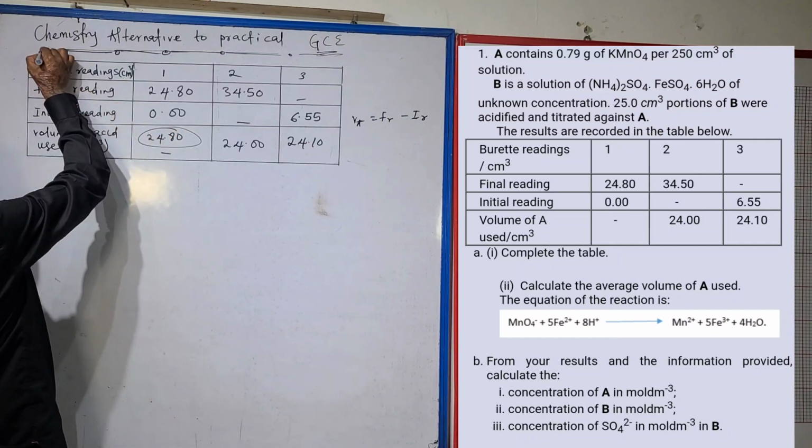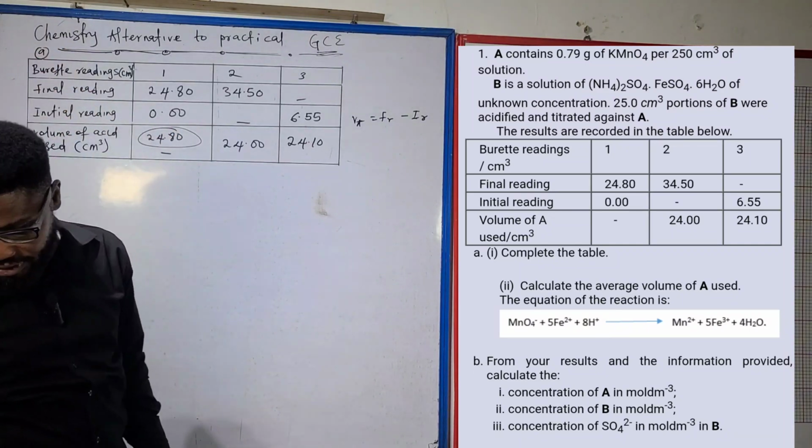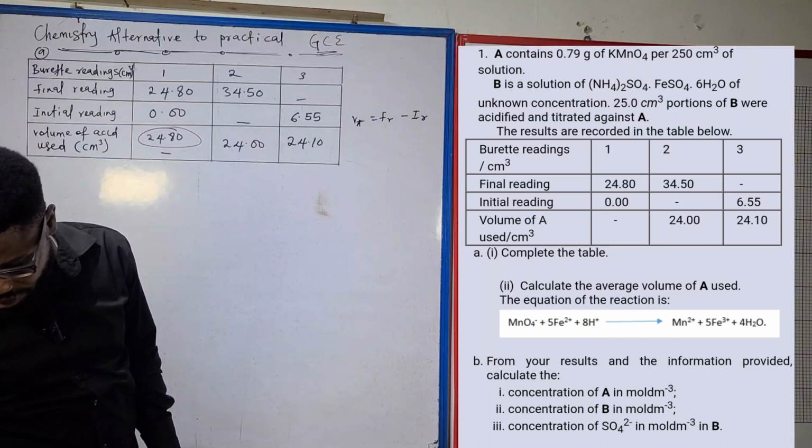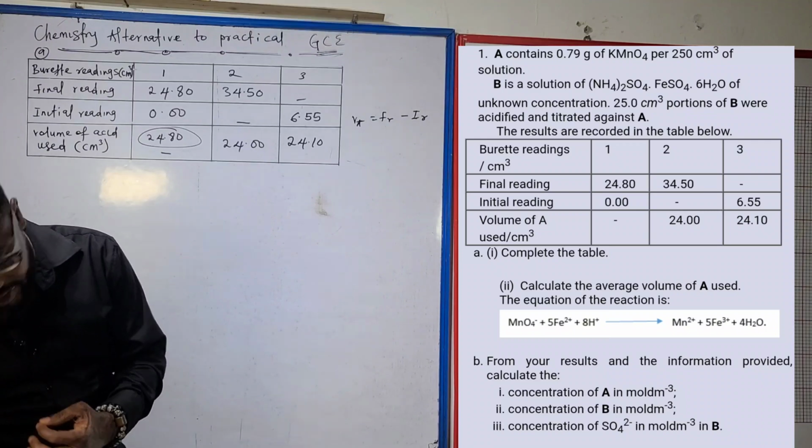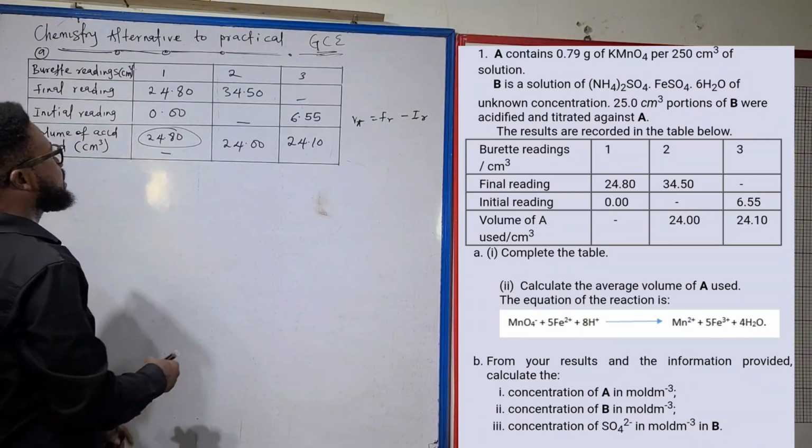So talking about A in this question, the volume of A used, I was told to complete the table, so 24.80.